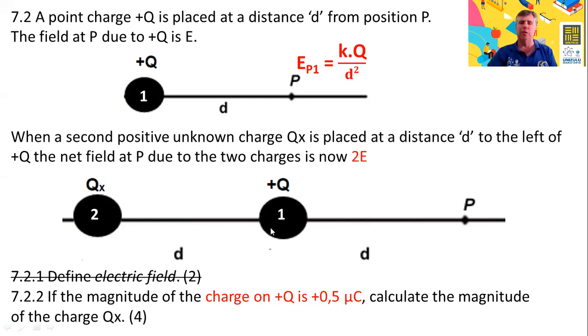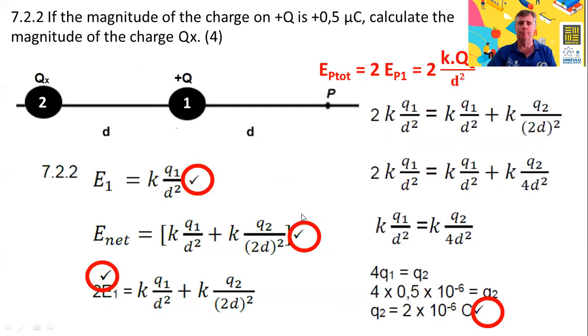They don't tell you these distances in meters, but you don't need to know them. You just need to know that charge 1 is 1 distance away, charge 2 is 2 distances away from point P, where the electric field is being measured. So the electric field at P, the total electric field is twice the electric field due to the one charge only.